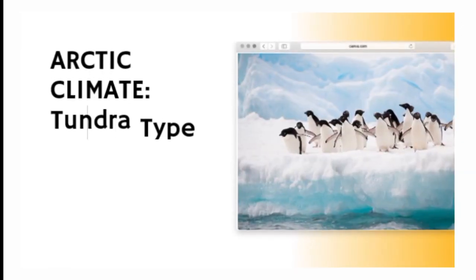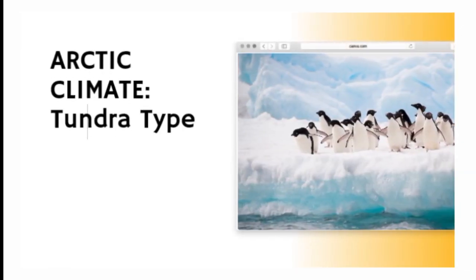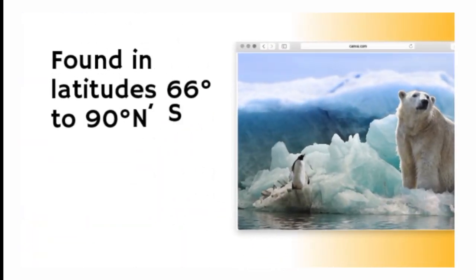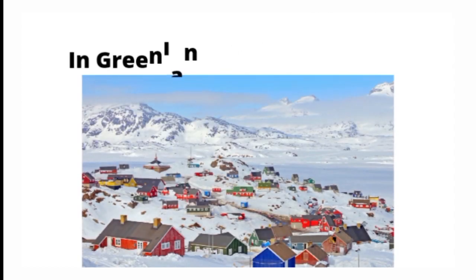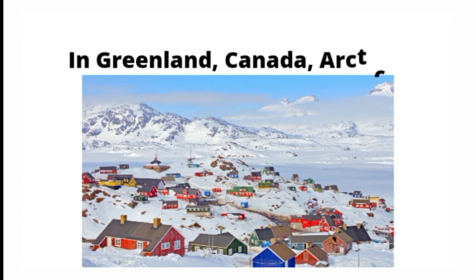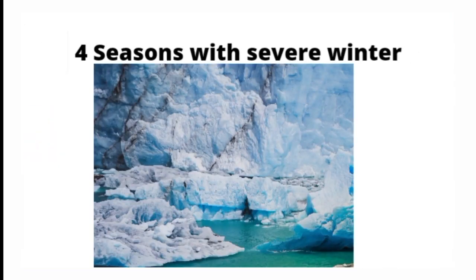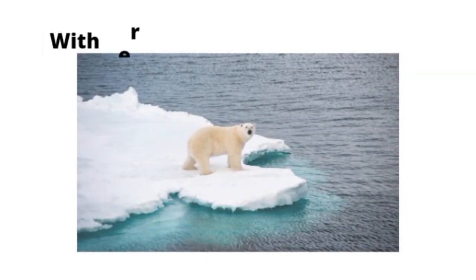The second major belt is the Arctic or polar climate. This is the part that ranges from 66.5 to the extreme end of the globe, which is 90 degrees north. Areas around these lands experience tundra climate in areas like Greenland, Canada, while the Arctic and the Antarctic experience this kind of climate in all seasons.